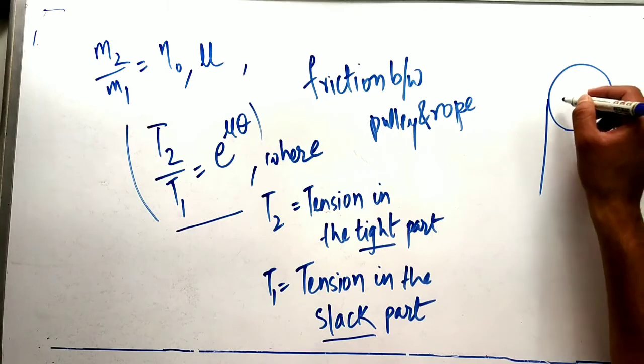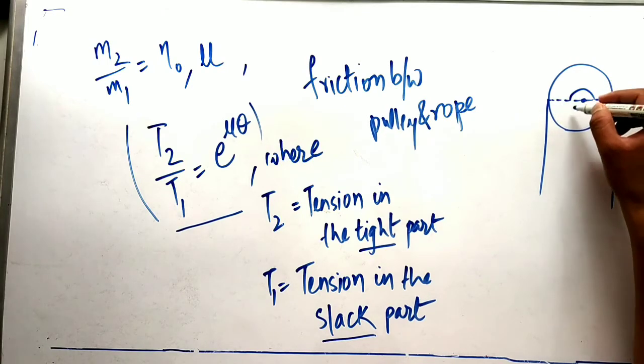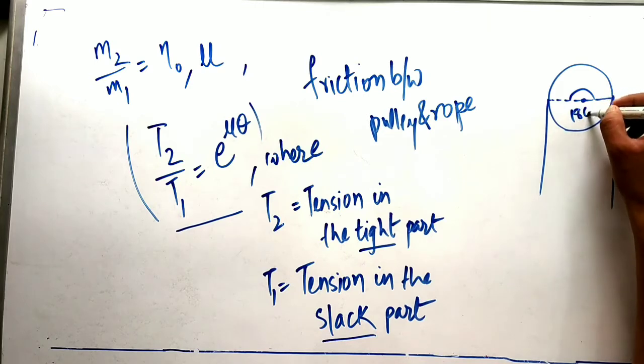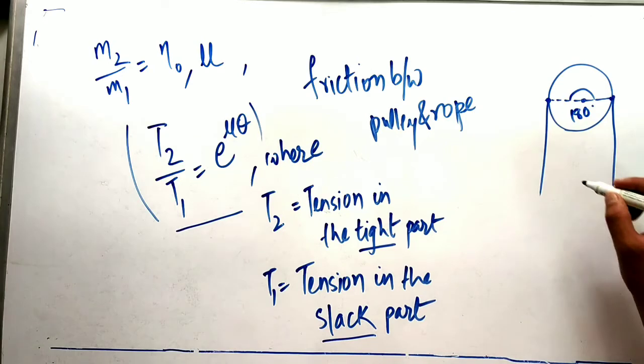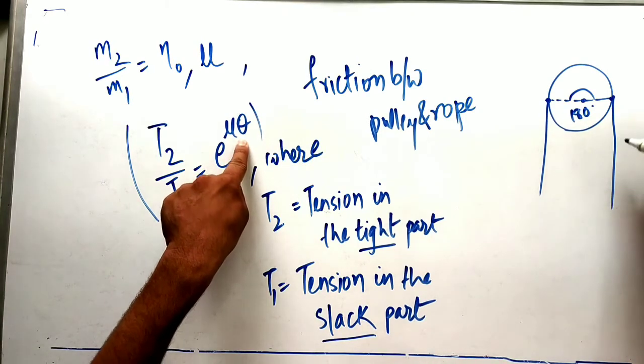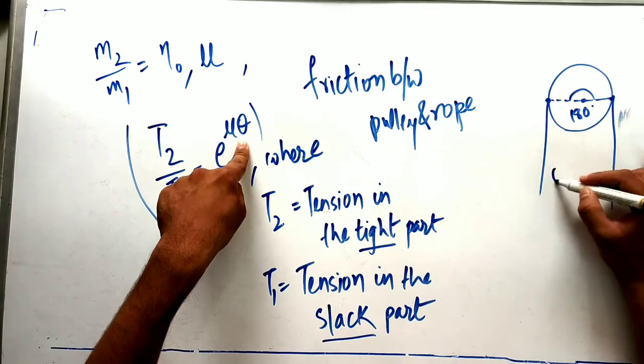The rope covers an angle of 180 degrees from this end to this end. The theta here is equal to pi.